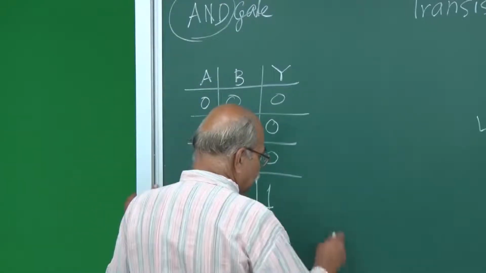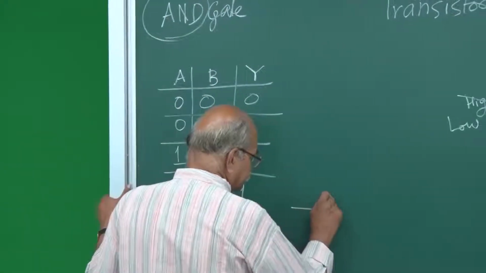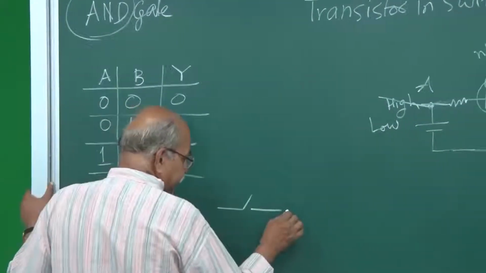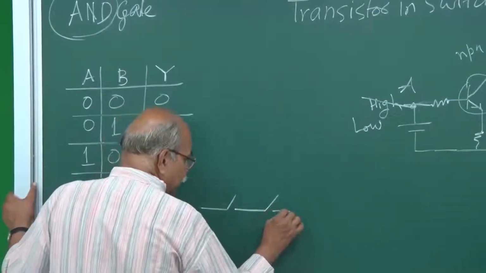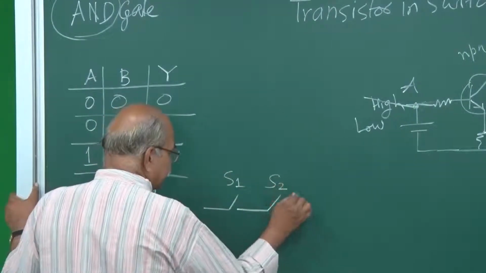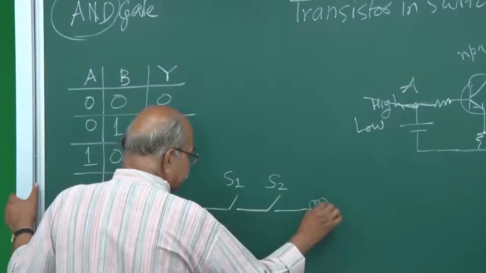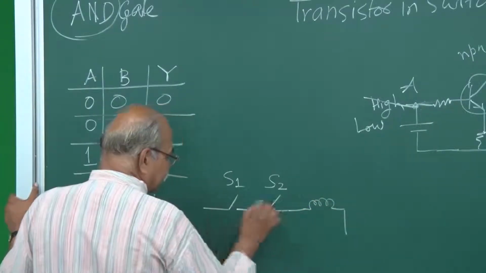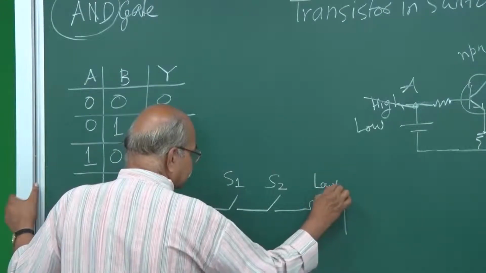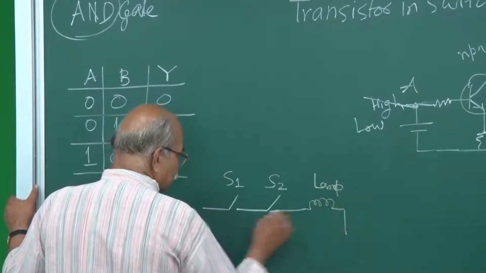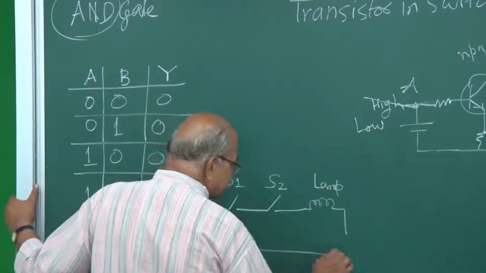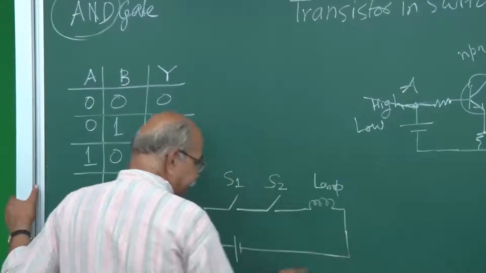So you can have 2 switches. It's just to conceive the idea what is AND. You can have 2 switches and these can be treated as input, and then you have a lamp out here. So this is your output, this is a lamp, and then you have an appropriate battery or power source.